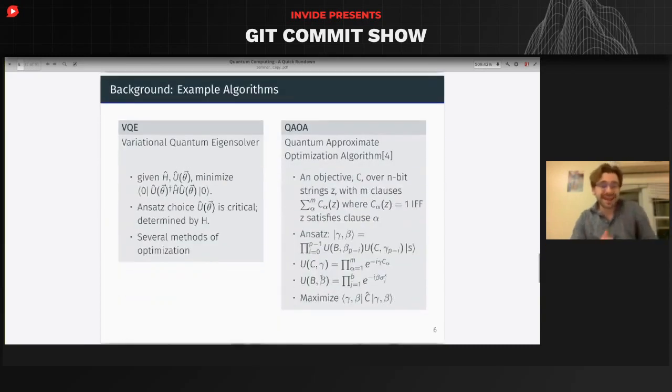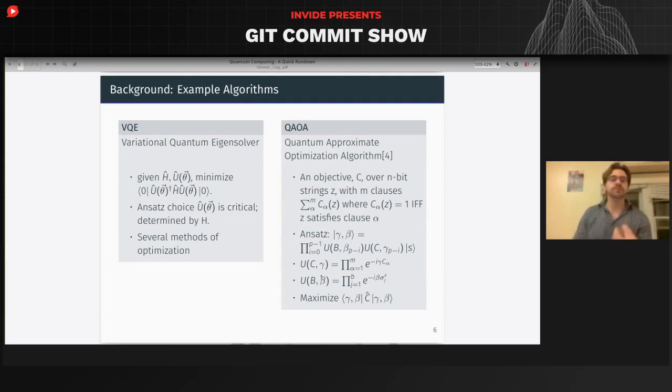Two kinds of algorithm that are really important, maybe the most important VQAs, are the VQE, originally pioneered by my research group back in 2010 or so. That's the variational quantum eigensolver.